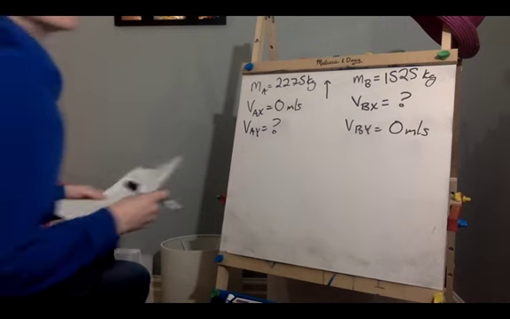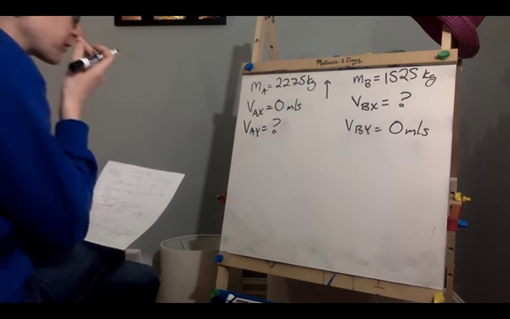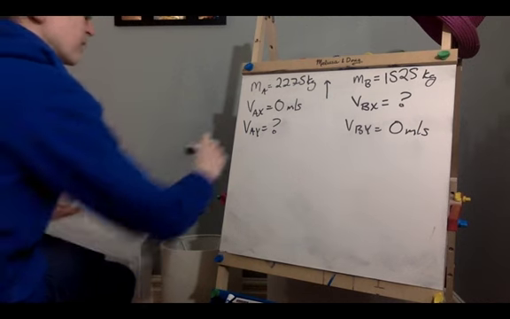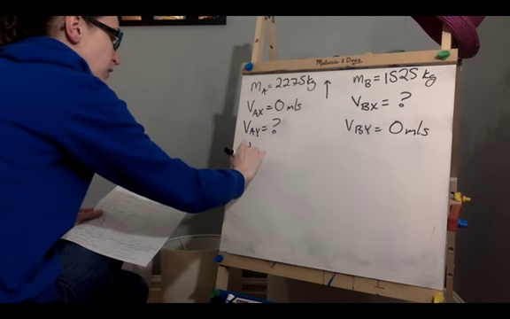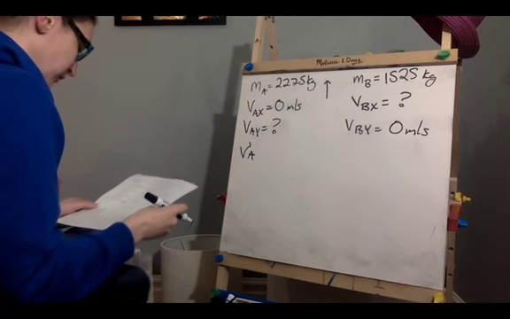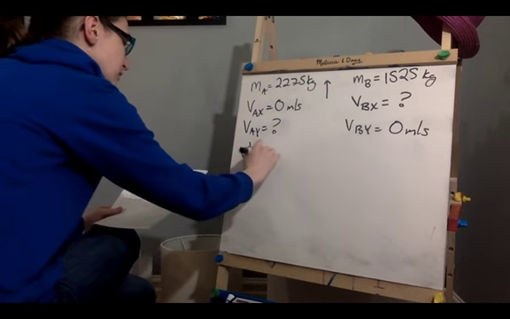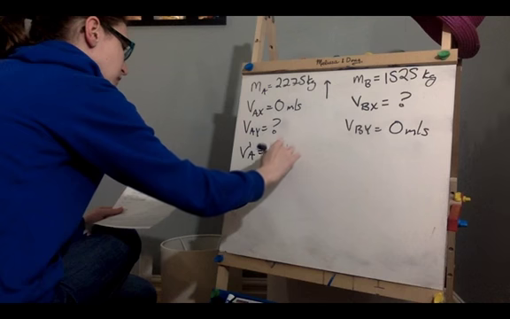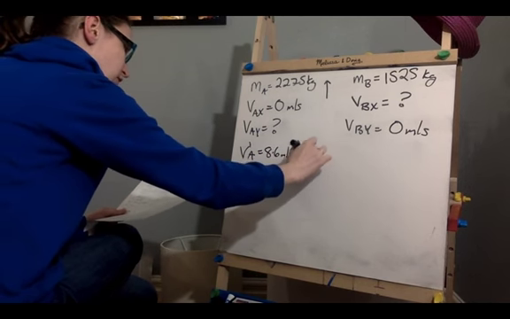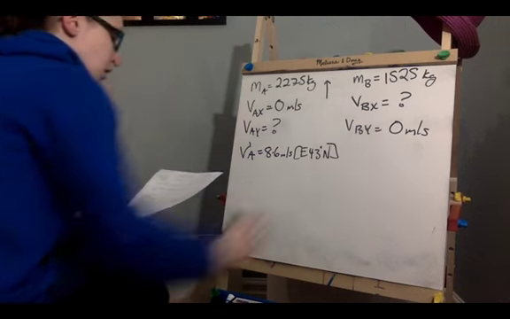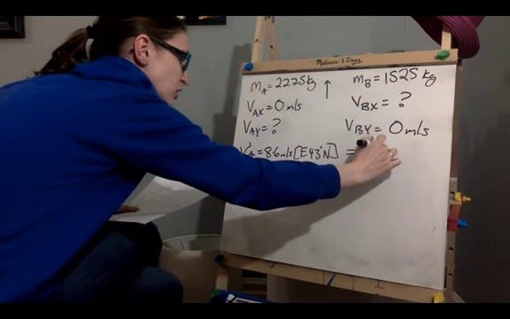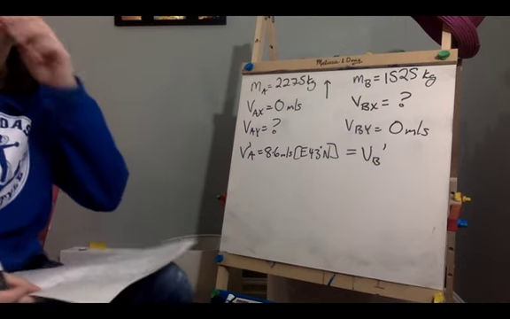Then we talk about the resultant. We know that the v prime velocity of A is that 8.6 meters per second at a direction of east 43 degrees north, and that's exactly the same as the overall velocity of B after they collide.